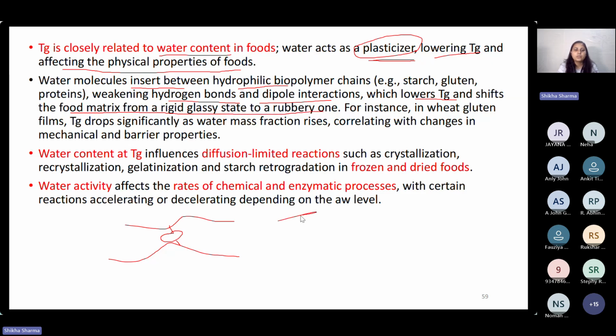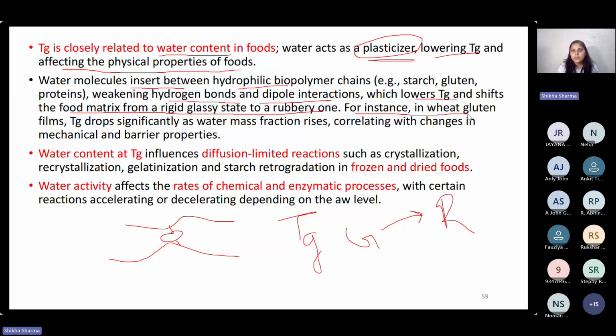Since Tg is low, the shift from glassy to rubbery state will be there.